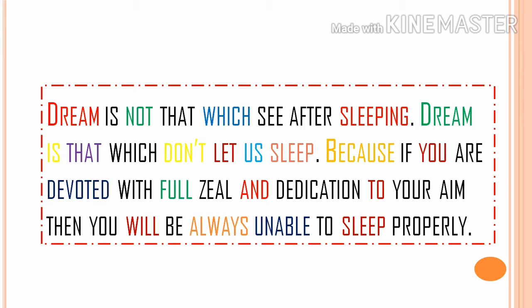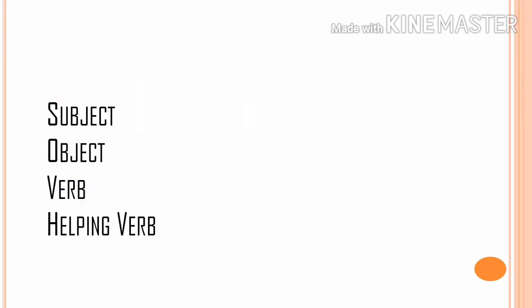Like in English, we use subject, predicate, verbs, helping verbs, objects, nouns, adverbs, tense, pronouns, etc. Right? In the same way, in a programming language the tokens play a great role. Clear? So there are many types of tokens.